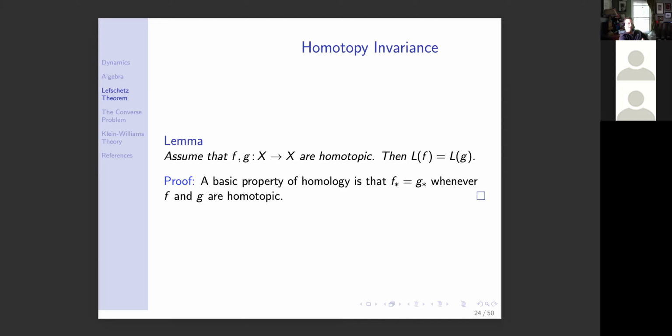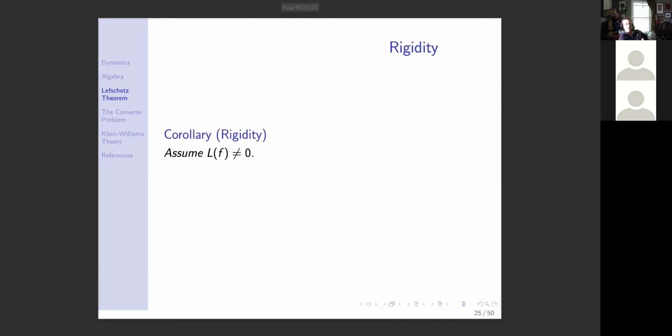That's an important fact. There's also a corollary, which is a rigidity statement. Let's assume that L of F is non-zero. This is immediately obvious from the previous corollary: any map homotopic to F has a fixed point. So it's not just that F has a fixed point, but every map homotopic to it has a fixed point, because any map homotopic to F will also have a non-trivial Lefschetz number.